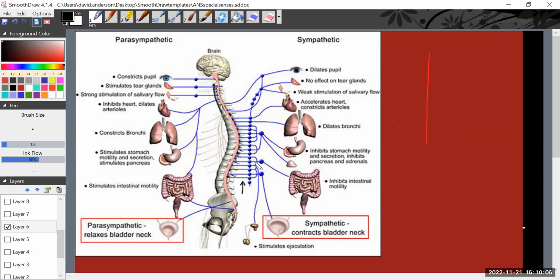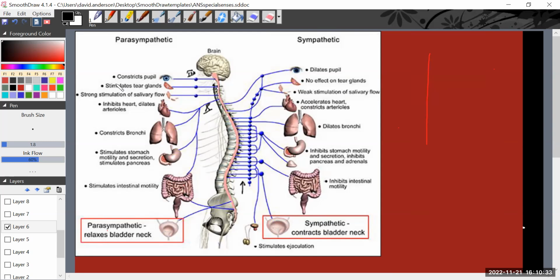Now, if you look on the left of this diagram, we have this right here describing cranial nerve number 10. This one, you can see it branch to the heart, the lungs, the digestive system and the intestines, and so on. That's cranial nerve number 10. The one up here that's going to the eyeball is cranial nerve number 3. And then we've got cranial nerve 7 for the tears.